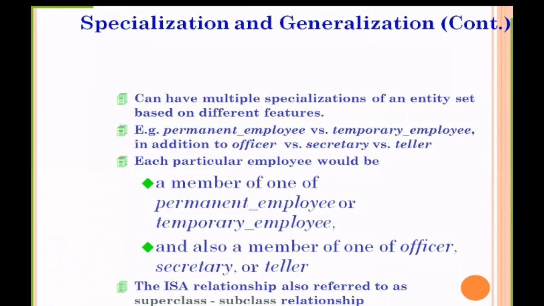We can have multiple specializations of an entity set based on different features. For example, permanent employee versus temporary employee, in addition to officer versus secretary versus teller. So suppose we have one employee entity set, we can make that employee entity set special in the form of permanent employee as well as temporary employee.